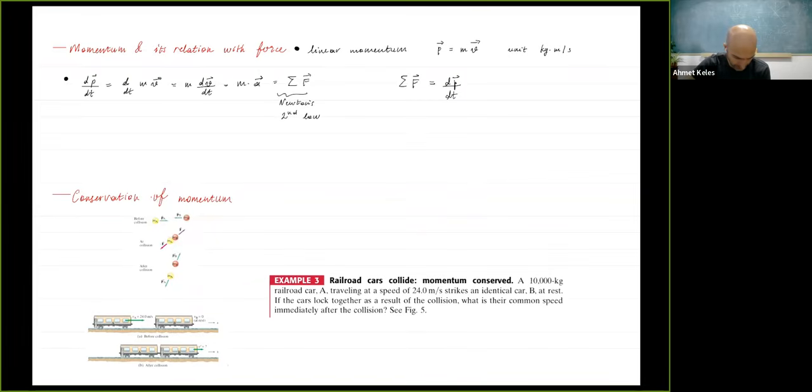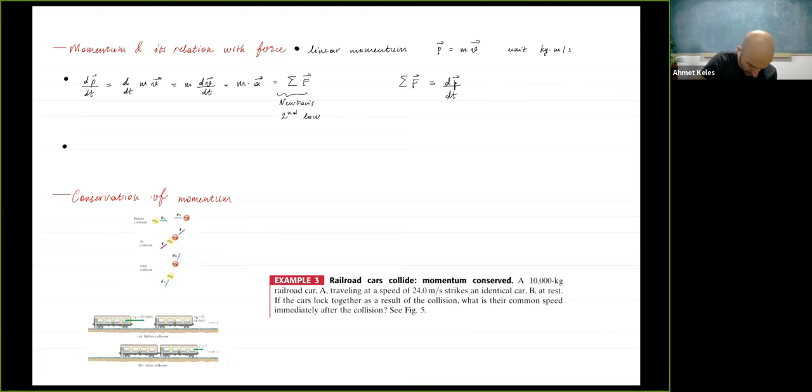If you have more than one constituent in your system, for example, more than one body, say 2 blocks or 2 different cars, the momentum is just a linear sum of the individual momentums.